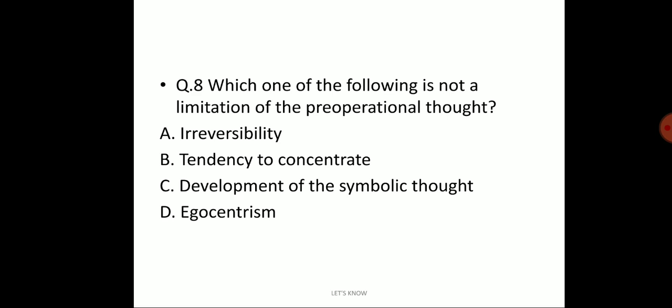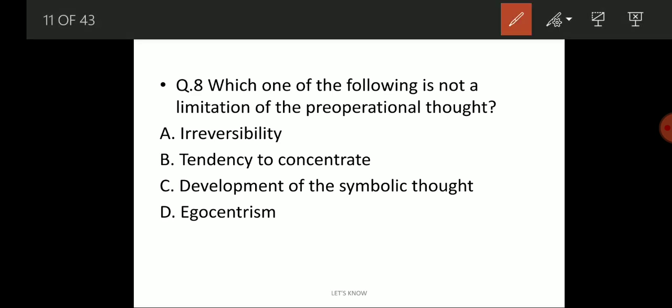Tendency to concentrate is also a negative point. Then development of symbolic thought: yes, this is their positive point. Next is egocentrism. Egocentrism means, as we have already said, that the child feels as if everyone is feeling the same. This type of feeling is egocentrism. So our correct option here will be development of symbolic thought.